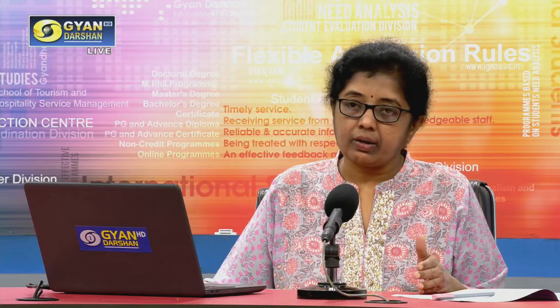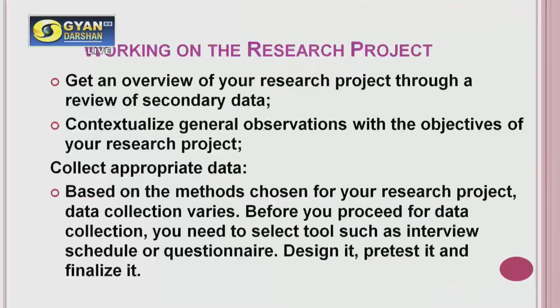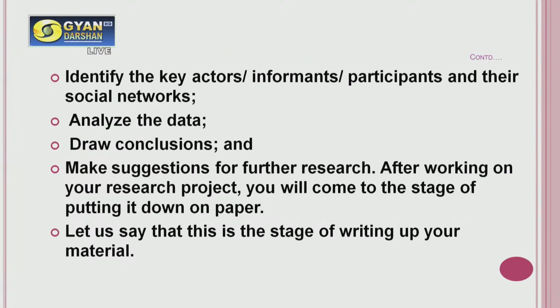Once you finalize the research proposal, you have to do the data collection. For data collection, you can choose the interview schedule or questionnaire, and you can design your methodology, choose the methods of data collection, and you can go to the field and pre-test it and finalize it.